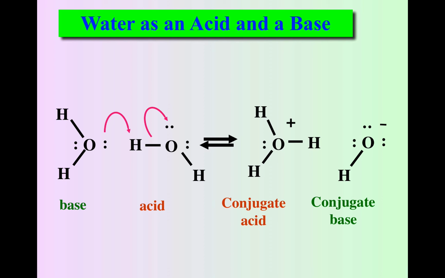So as far as the acid-base properties of water are concerned, they're insignificant. They're small. I mean, water is not a very good acid. Water is not a very good base. This reaction doesn't go very far forward. As soon as hydronium ion and hydroxide ion build up, the reverse reaction takes over.